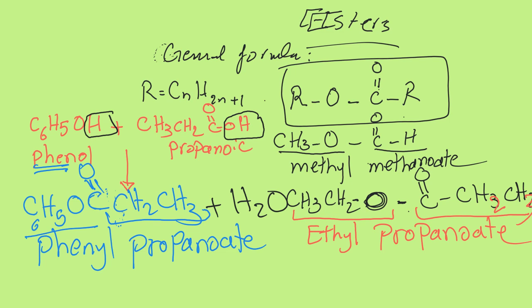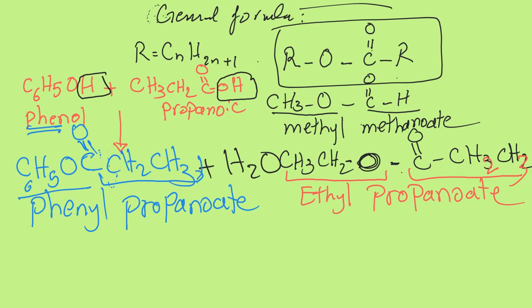Sometimes in the exam you will be given the formula of the ester, and then you are asked to give the name of the alcohol and the acid part that form it.